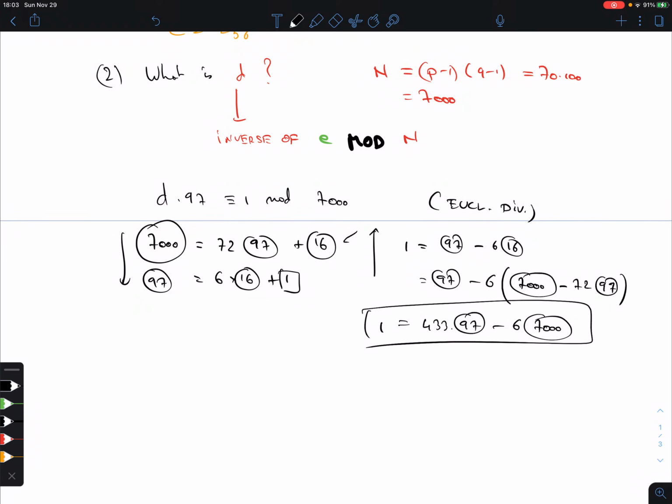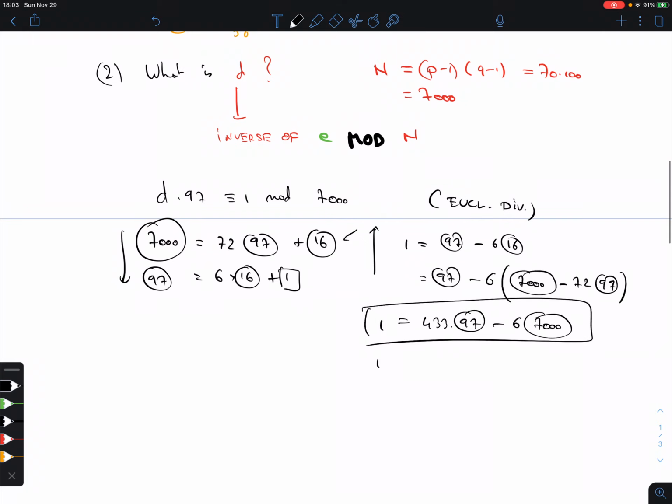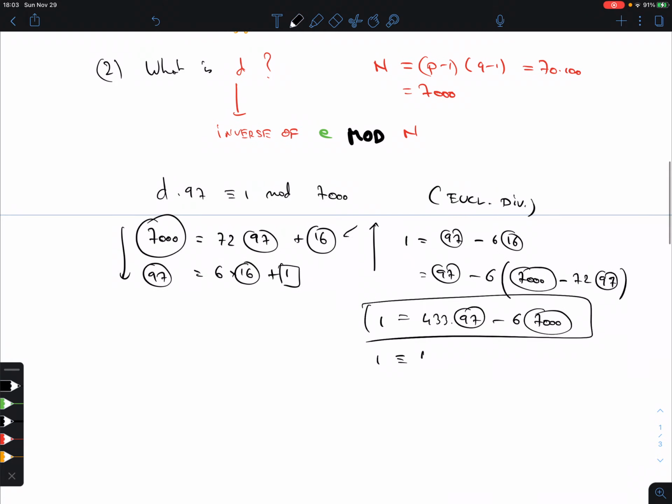Always double check your numbers here, right? So what does this now mean? This means that if I take modulo 7,000, this term disappears because that's modulo 7,000. So we have 433 times 97 modulo 7,000. So this means that D is 433.